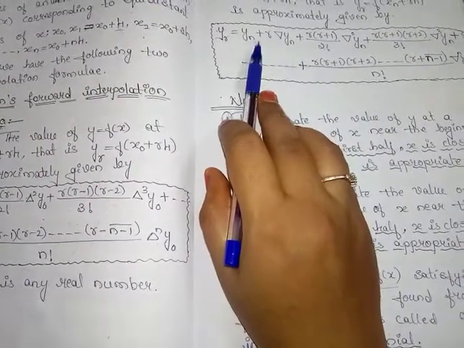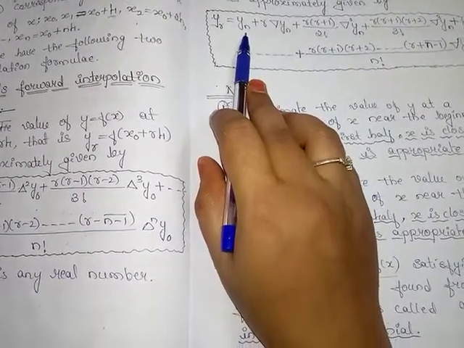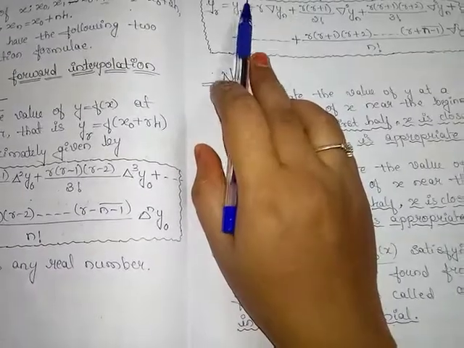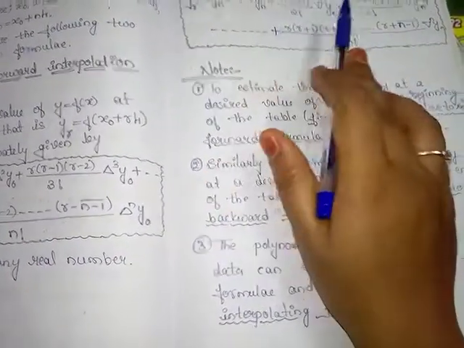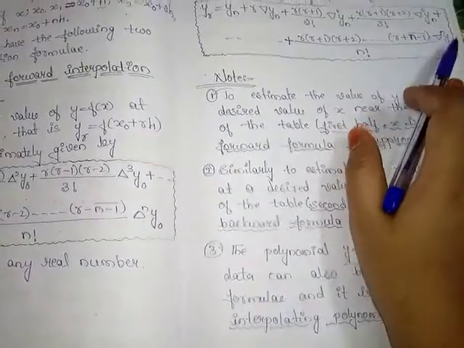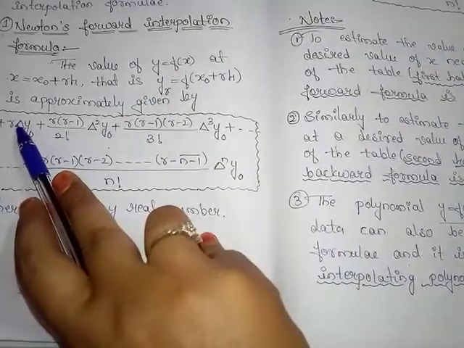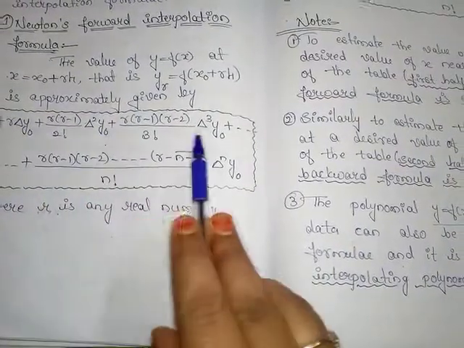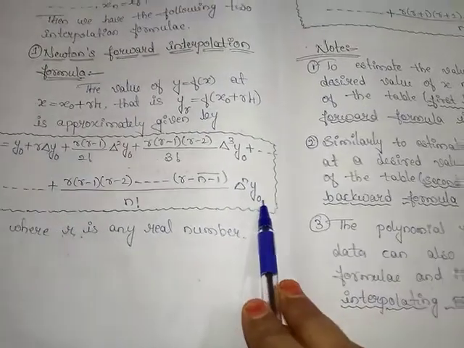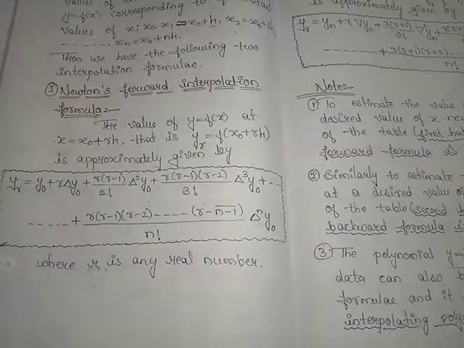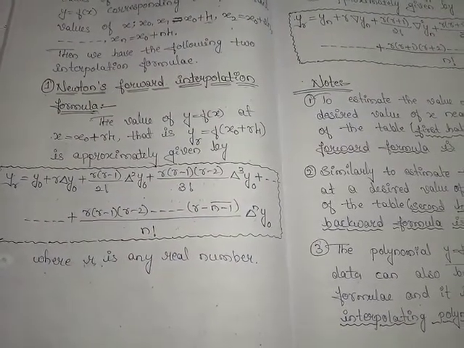In forward, you have y naught and in backward, you have yn, and here also delta n, del n, del square n, del cube n, and so on to del raised to n yn, and here delta y naught, delta square y naught, delta cube y naught, and so on to delta raised to n y naught. You must practice these two formulas.